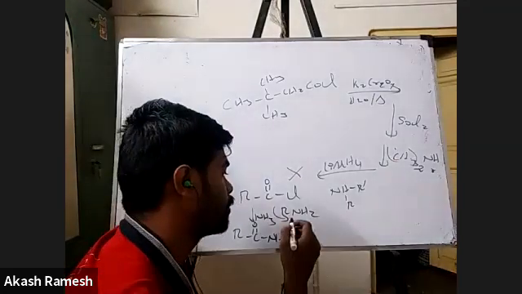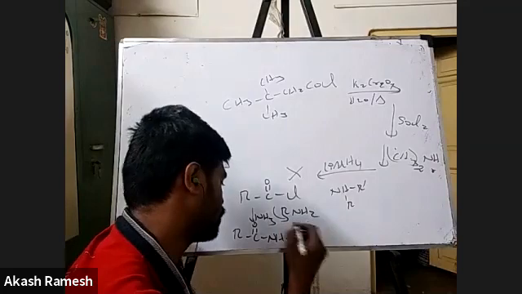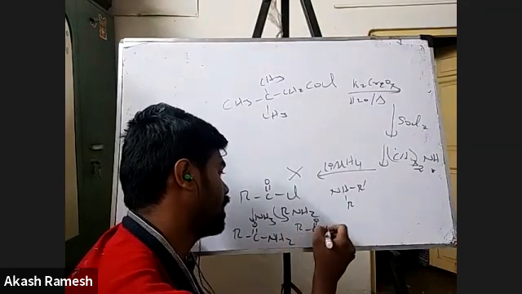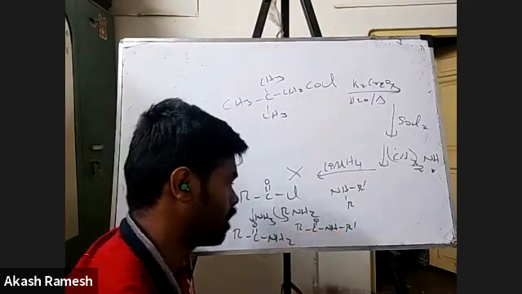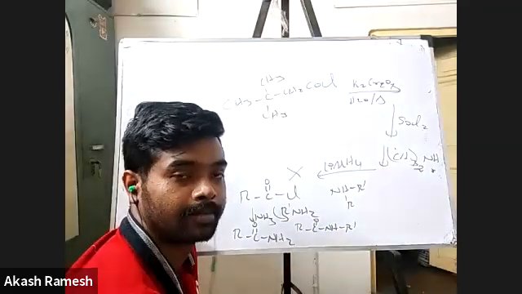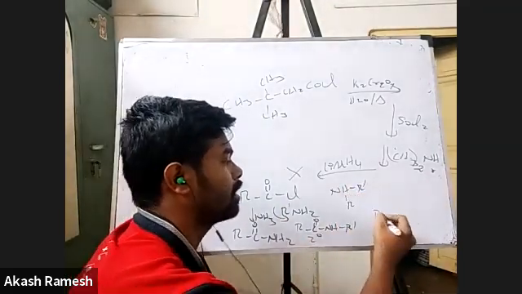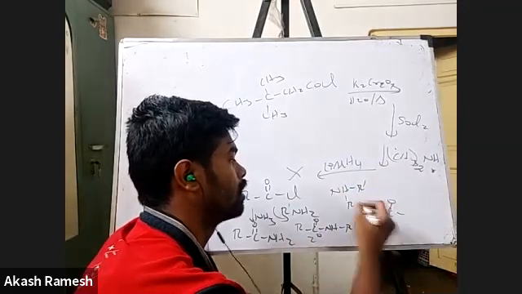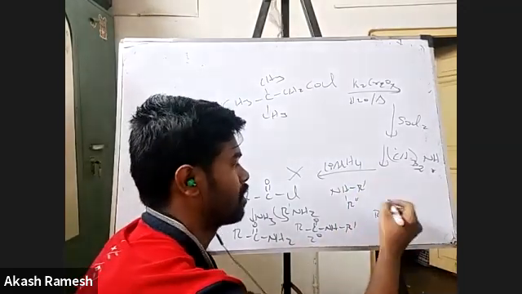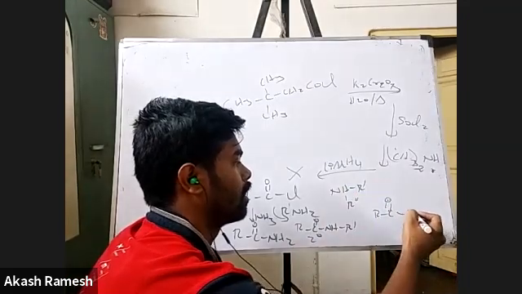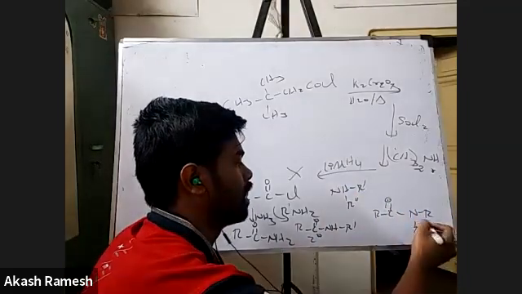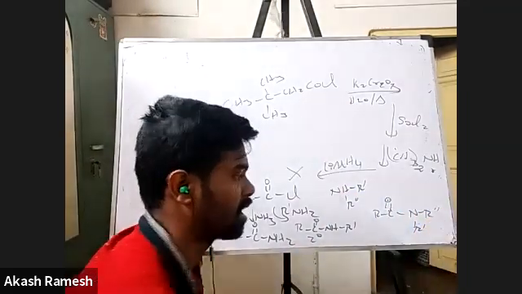Now if I put a primary amine, what am I going to get? Same thing. I'm going to get RCONHR dash. This is a secondary amide. And if I put a secondary amine, I'm going to get a tertiary amide, RCON with R dash and R double dash.